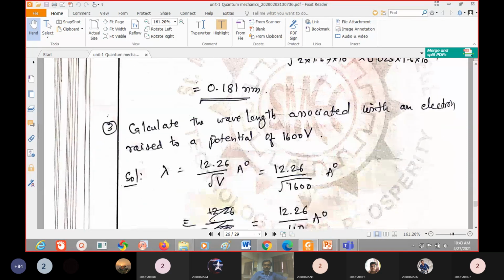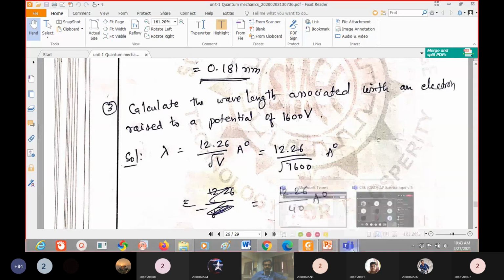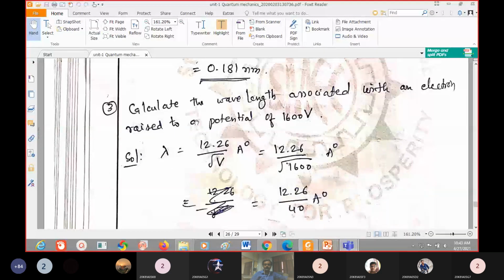Now coming to the next problem. Calculate the wavelength associated with an electron accelerated through a potential of 1600 volts.